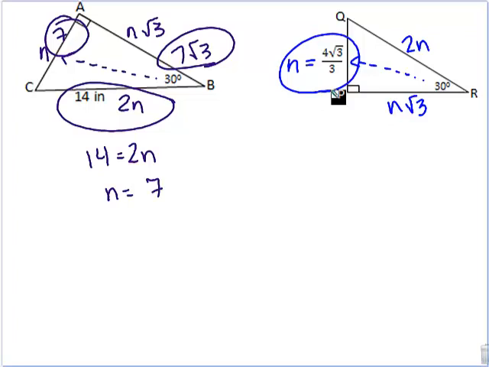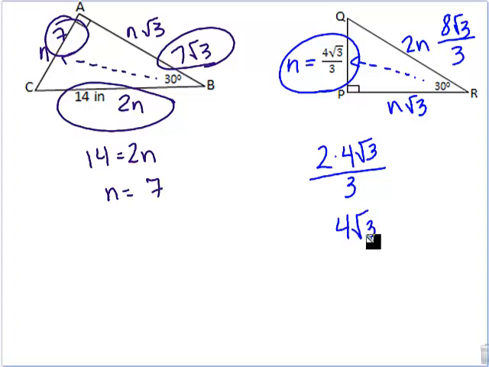So how am I going to get my hypotenuse here? Times it by 2. So 2 times 4 square root of 3 over 3. Well, what's 2 times 4? 8. So we'd say this is 8 square root of 3 over 3. Is that okay? What do I have to times the n by to get my other side? Square root of 3.